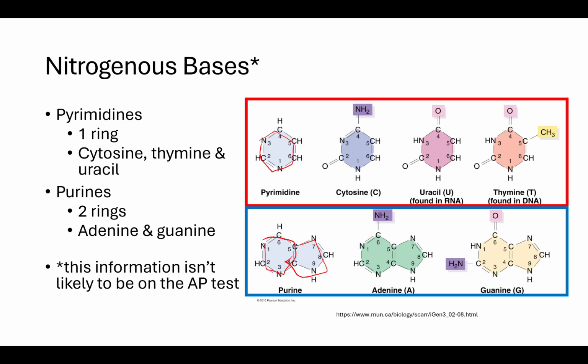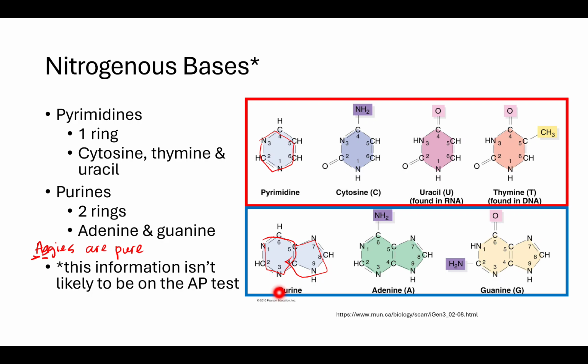One of my former coworkers who went to A&M said that she was given a hint to help her remember which of the nitrogenous bases are purines and which are pyrimidines, and she was told to remember Aggies are pure. Keep in mind she went to A&M, but that is because the A and the G, the adenine and the guanine, are purines.